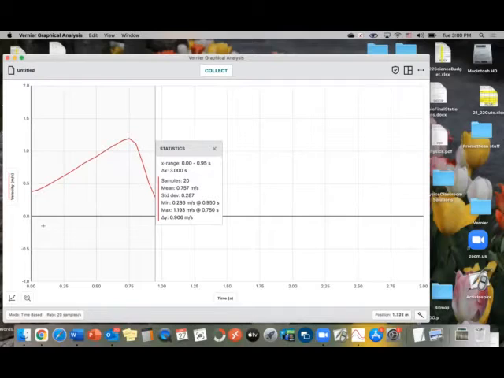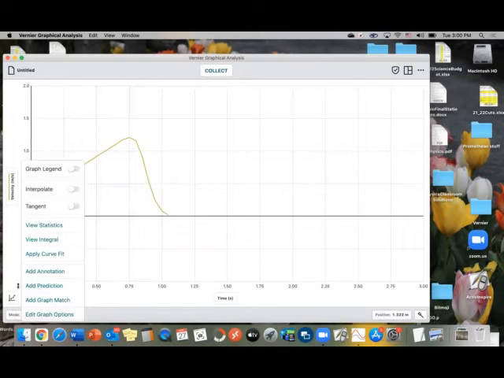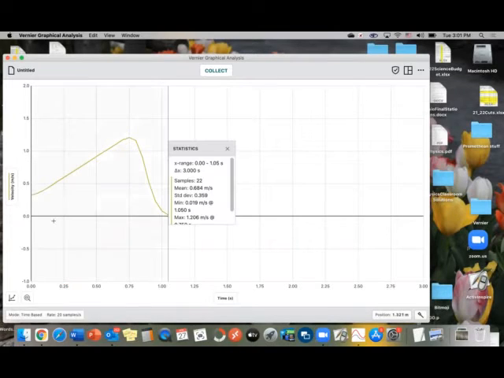Okay, 60 centimeters, trial 2. And that one, I don't know why they colored some different color every single time. This one is 1.206 meters per second. And how far did it push the book?